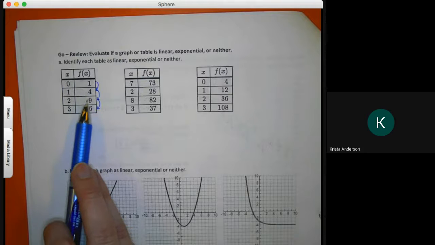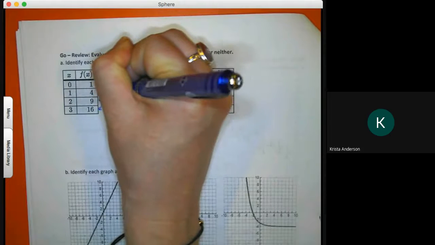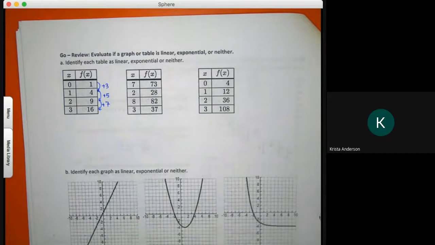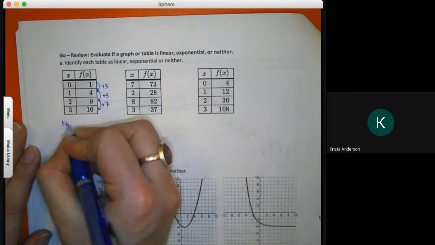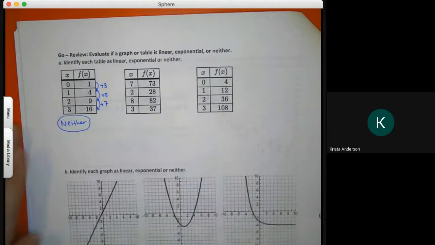Plus 3 does not get me to 9. It goes plus 3, then plus 5, then plus 7. That would be identified as neither. That pattern is not linear or exponential. It's a different type of pattern.